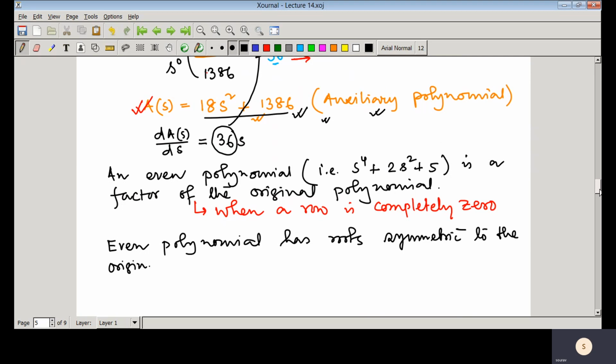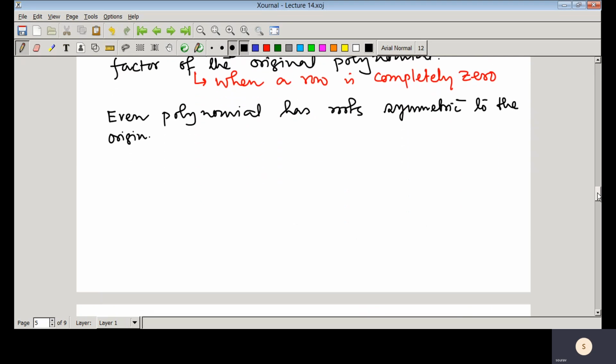What is that? If you take a complex plane, suppose this is the real axis, and here you have the imaginary axis. Now this is the origin.